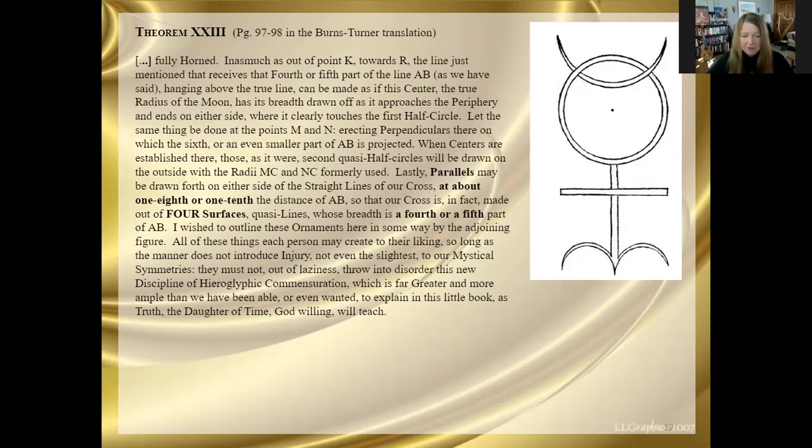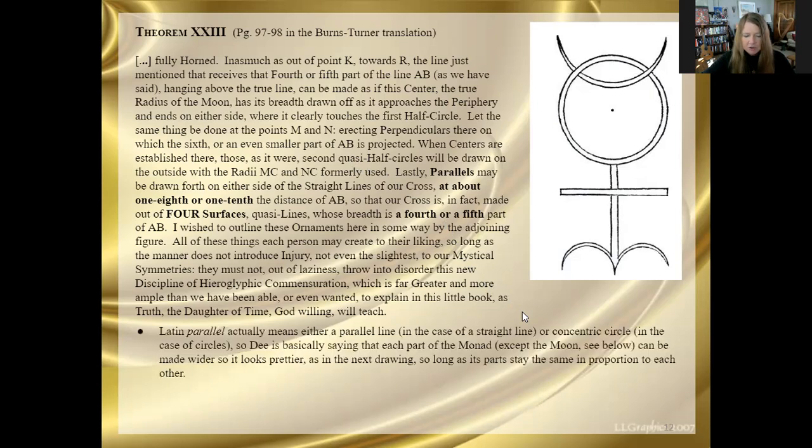They must not, out of laziness, throw into disorder this new discipline of hieroglyphic commensuration, which is far greater and more ample than we have been able or even wanted to explain in this little book, as truth, the daughter of time, God willing, will teach.